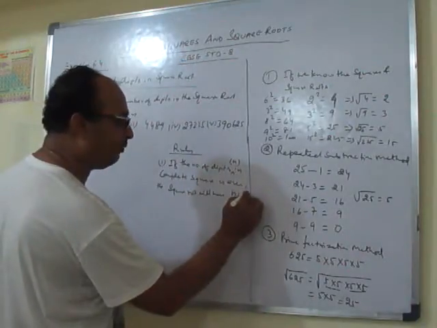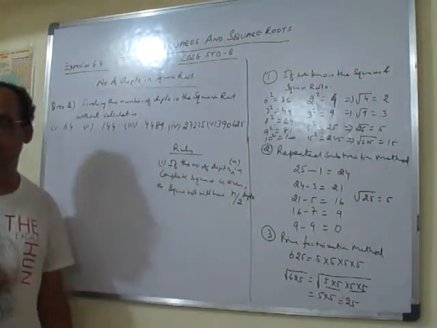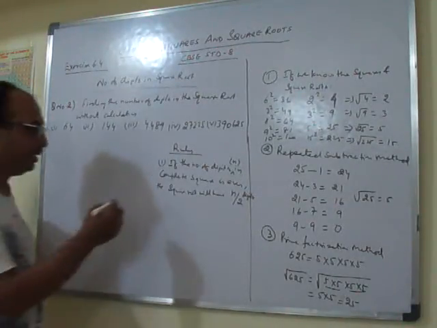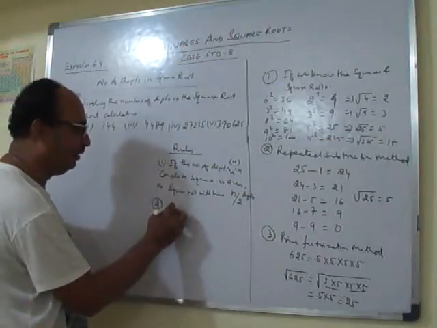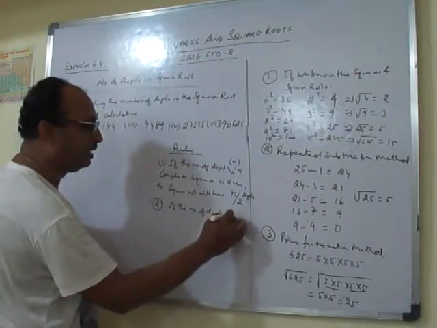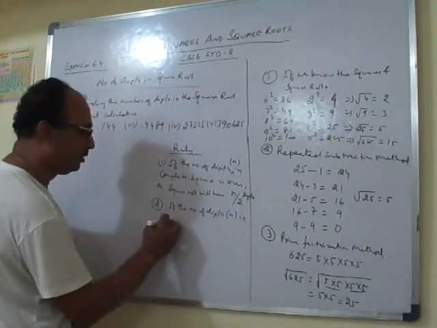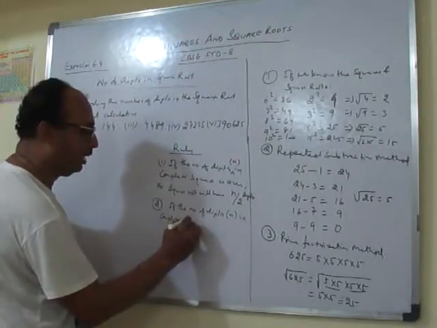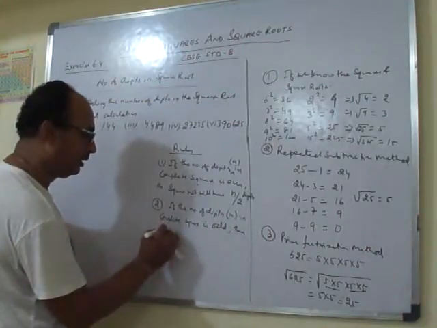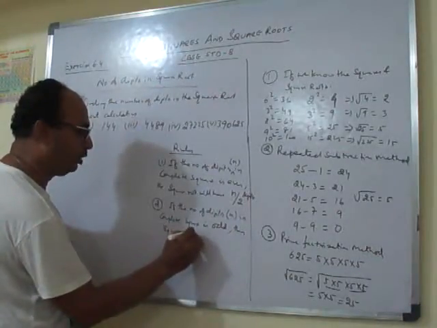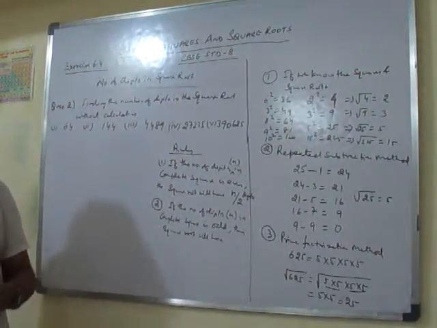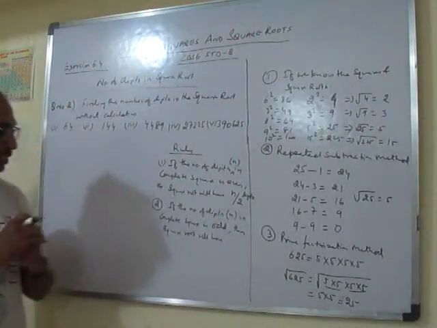So this is the general formula: n by 2 digits. Another case is when the number of digits is odd. If the number of digits n in a complete square is odd, then the square root will have, let us see, n is odd.